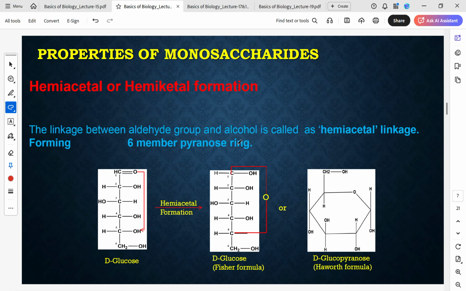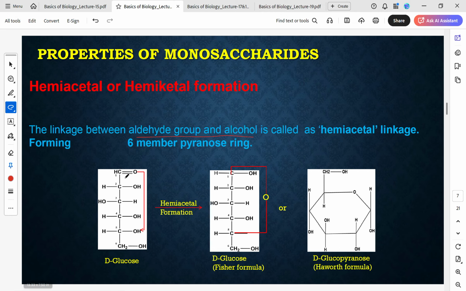The formation of the cyclic monosaccharide happens by a hemiacetal or hemiketal linkage, wherein the first carbon reacts with the fifth carbon. This happens because of the reaction between the aldehyde group in the first carbon and the alcohol in the fifth carbon, forming a 6-member ring. So there are 5 carbons and 1 oxygen within the ring, and the other structures are out of the plane.